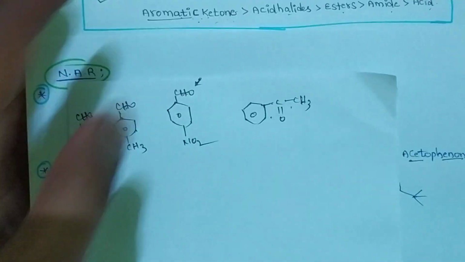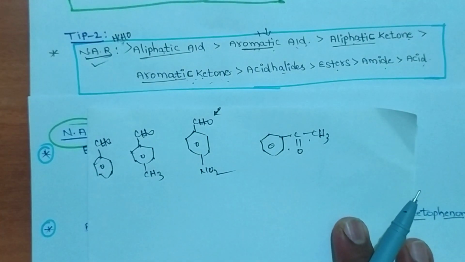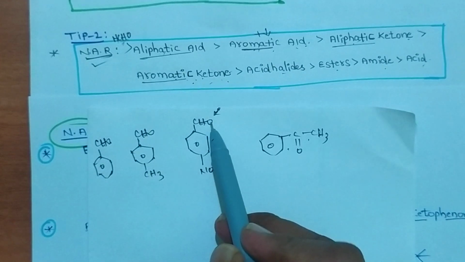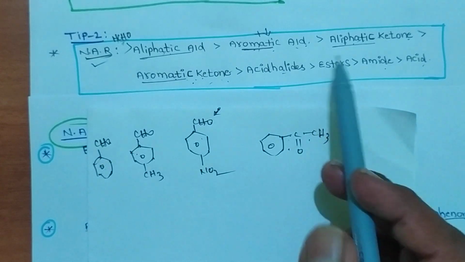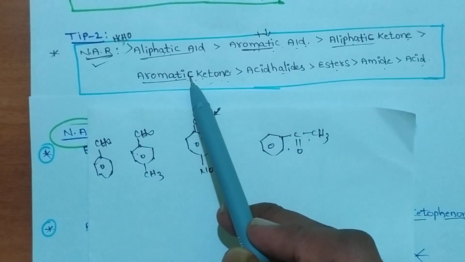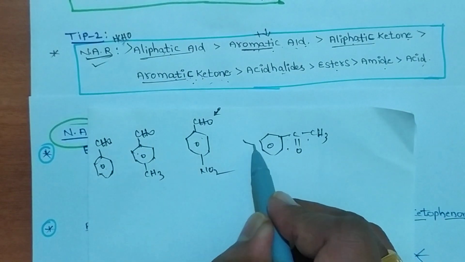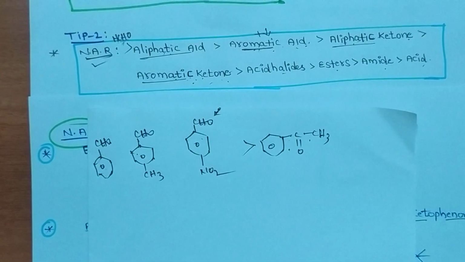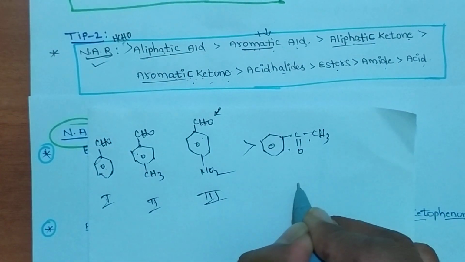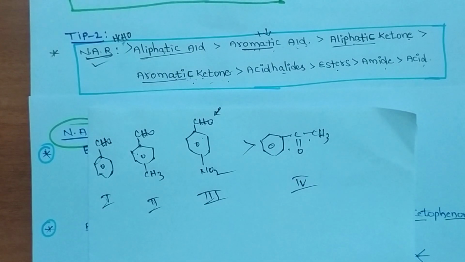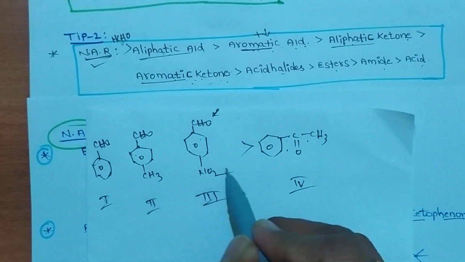According to this trick, we can solve the question. Aromatic aldehyde versus aromatic ketone: aromatic aldehydes are more reactive, so this is more reactive than this. This is the first compound, this is the second compound, third compound, and the fourth compound is the least reactive. Next, in these aldehydes, which is more reactive? Now see here.